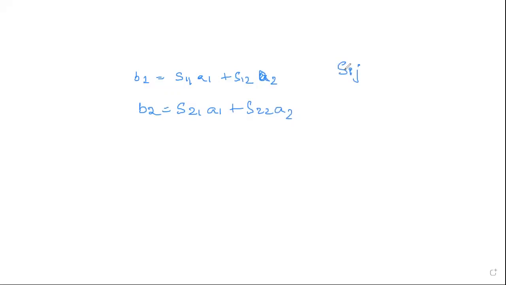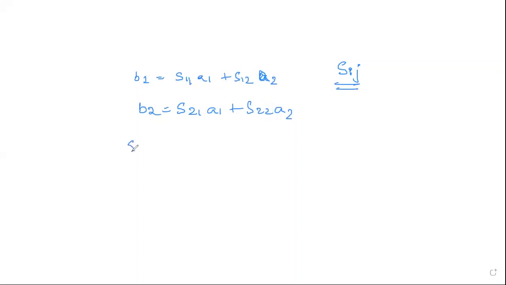Scattering coefficient, where your reflection coefficient, that is i, will be due to the source connected at the ith line, and your j will be the reflection, which will be for the jth line. When you're writing this, don't get confused with the S11, S12, S21, S22 coefficients.